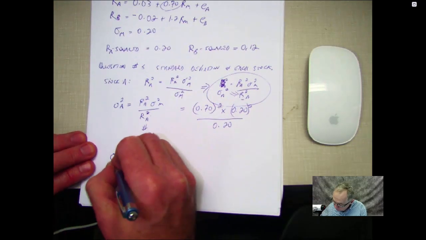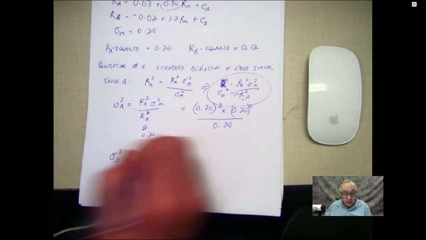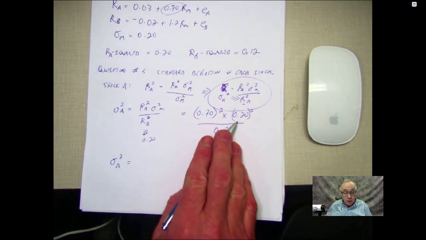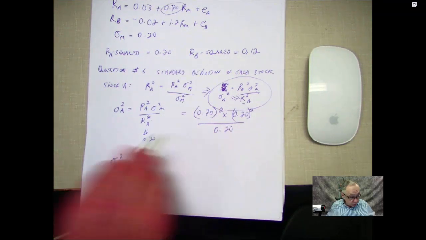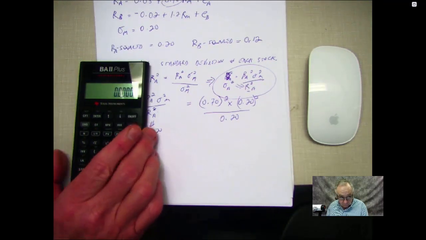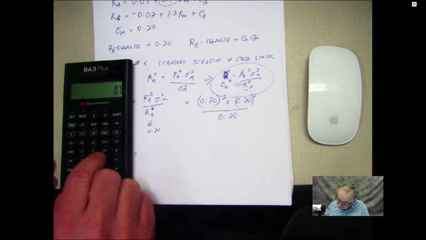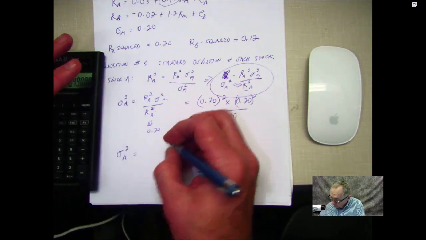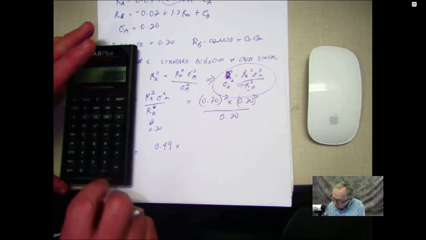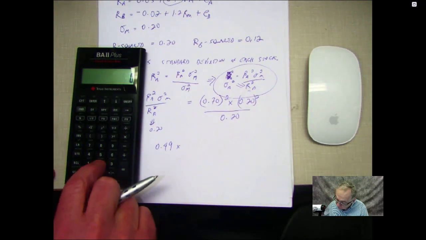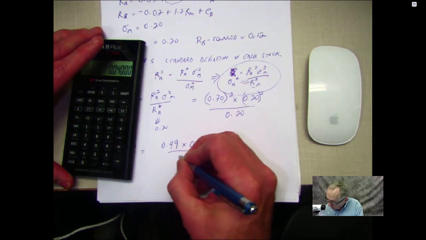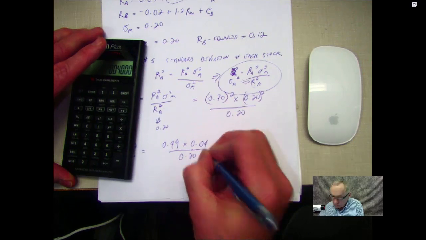So variance for A is going to be 0.70 squared times 0.20 squared divided by 0.2. Calculator work. So we can see this. 0.7 squared becomes 0.49 times 0.2 squared will be 0.04 divided by 0.20.